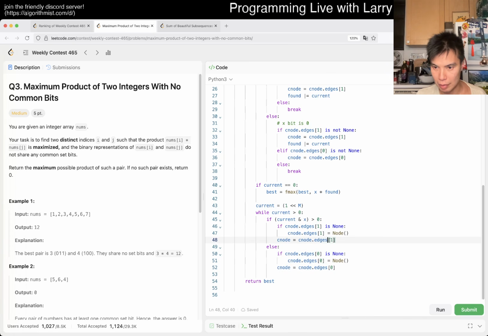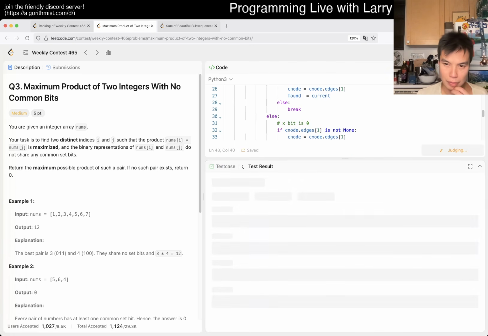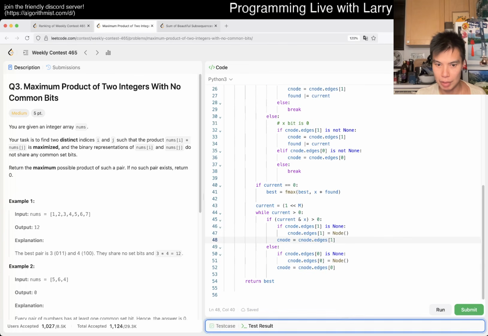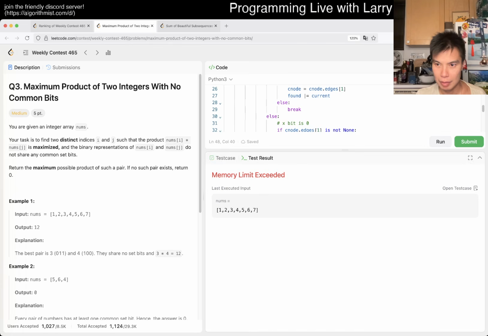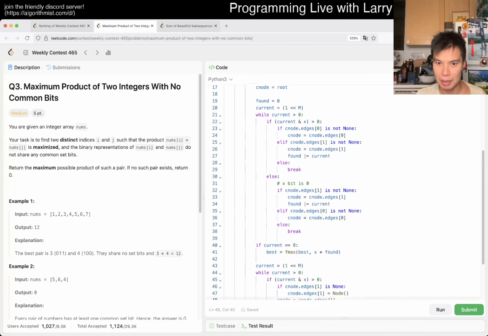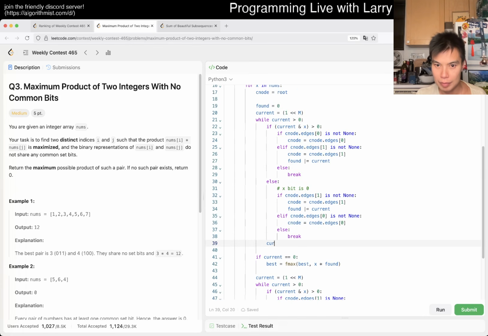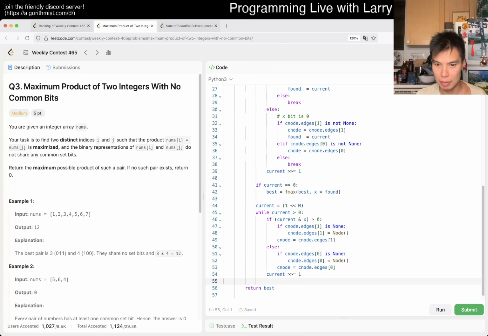So how did that know? Oh, I don't shift. That's actually funny. But yeah, I don't shift. This as well.